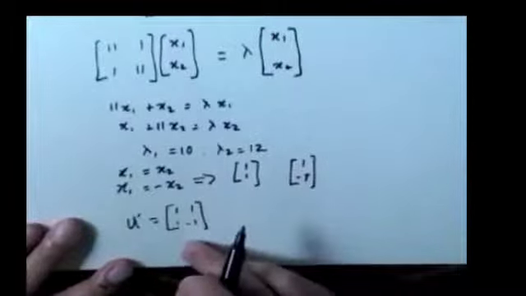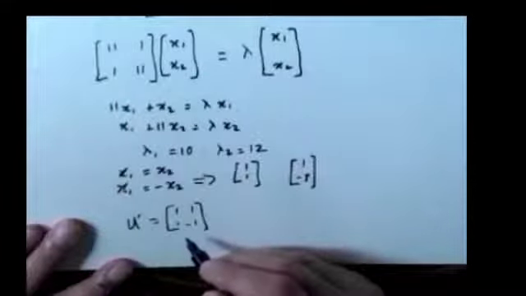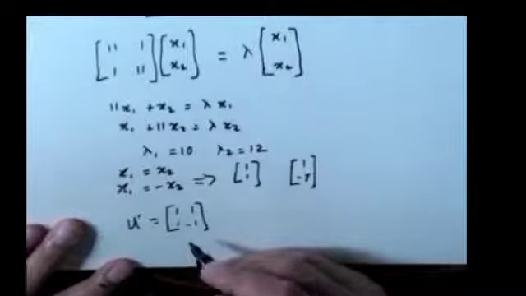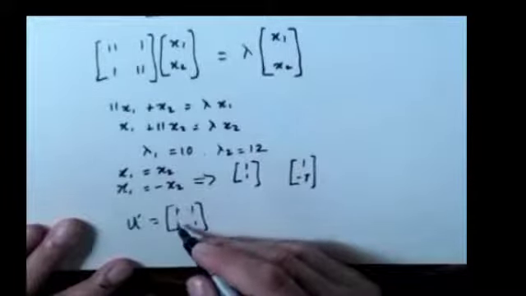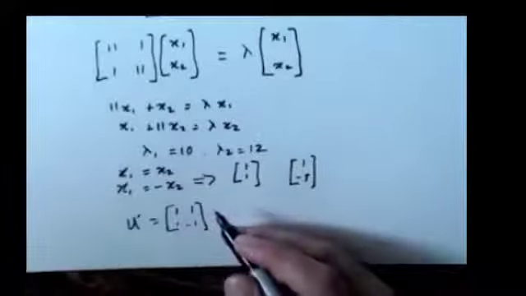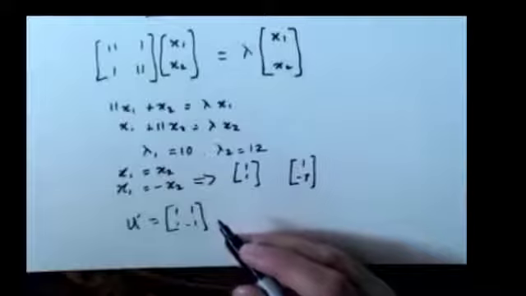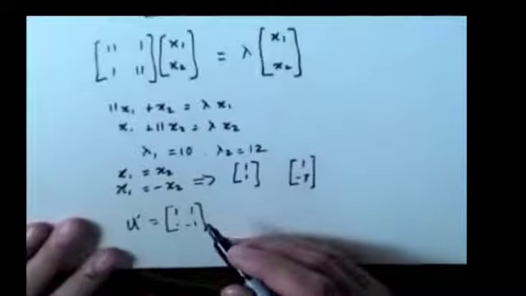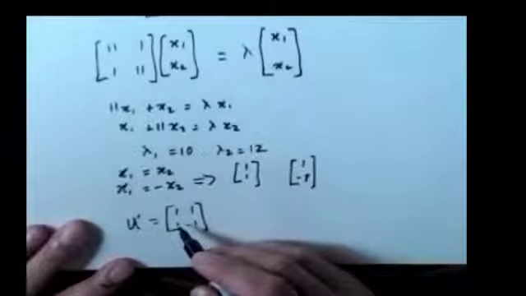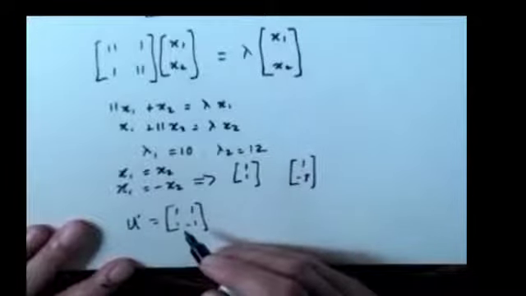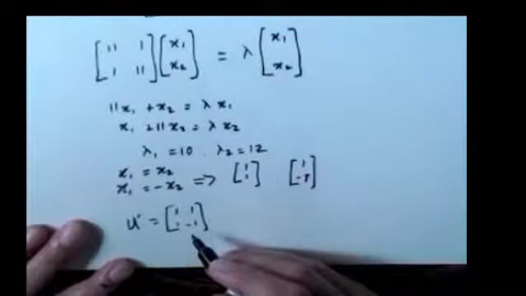Although they are eigenvectors for this matrix, they are not normalized. It means they don't have unit length right now. For example, the first one, the magnitude is under root 2, right? So we need to find a way in which we can express them as a set of two normal vectors, right?